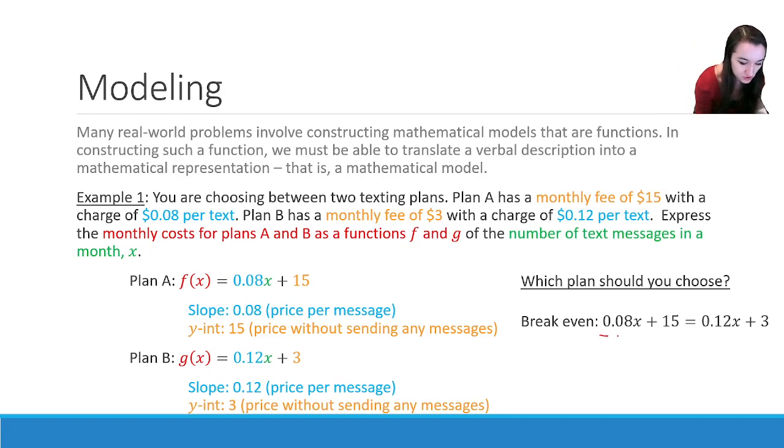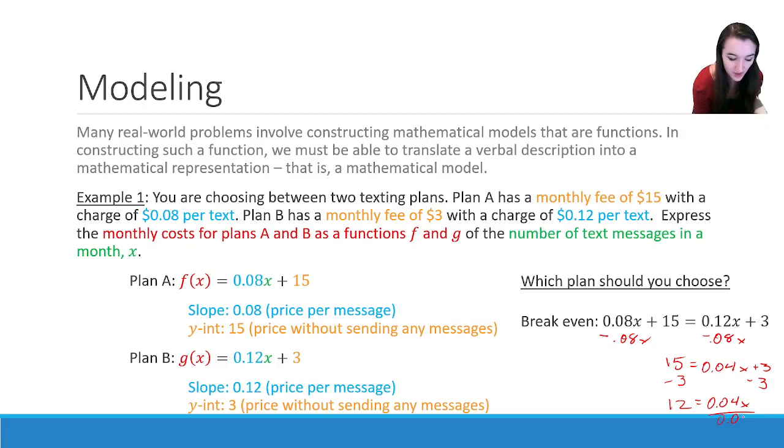So I'm going to subtract 0.08x from both sides to get 15 equals 0.04x plus 3, and then we subtract 3 from both sides to get 12 equals 0.04x, and then I divide by 0.04 on both sides.